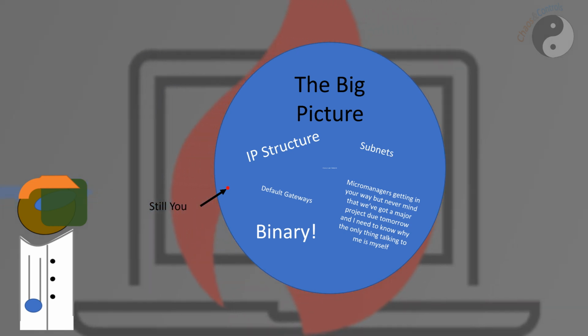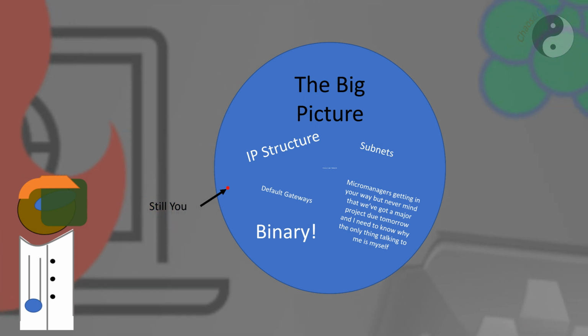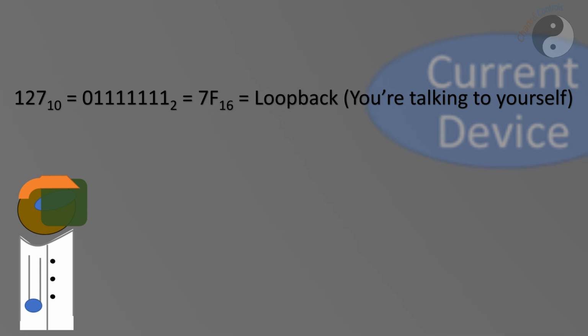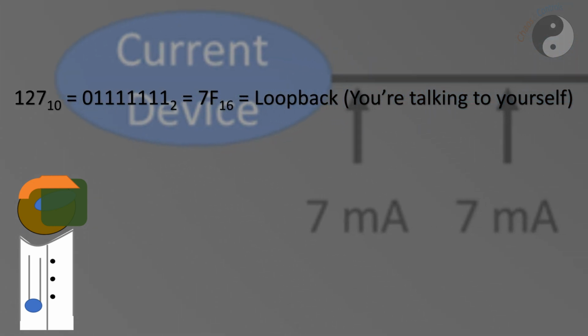So, for instance, 127 is a very important address to know because anything that's on the 127 dot whatever network is going to be the local device you're using. If I'm my computer, then my computer has a 127. My Android device has a 127. My Apple device has a 127.